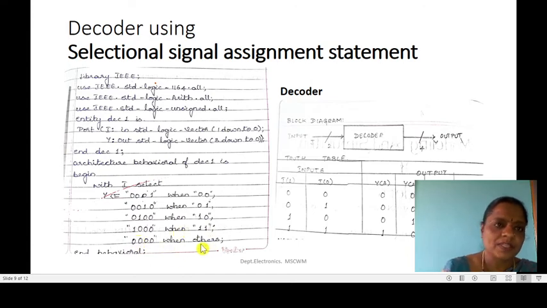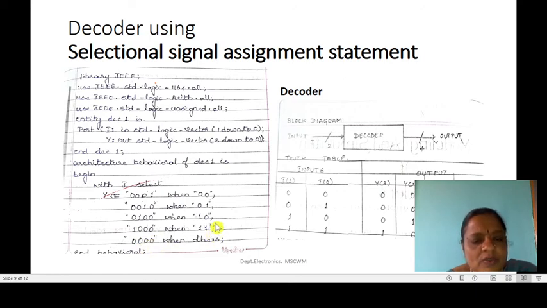In the selected signal assignment, one important thing is that all the conditions are present. If these conditions are not satisfied, we write others. That means for any other condition, it is going to display 0 0 0.